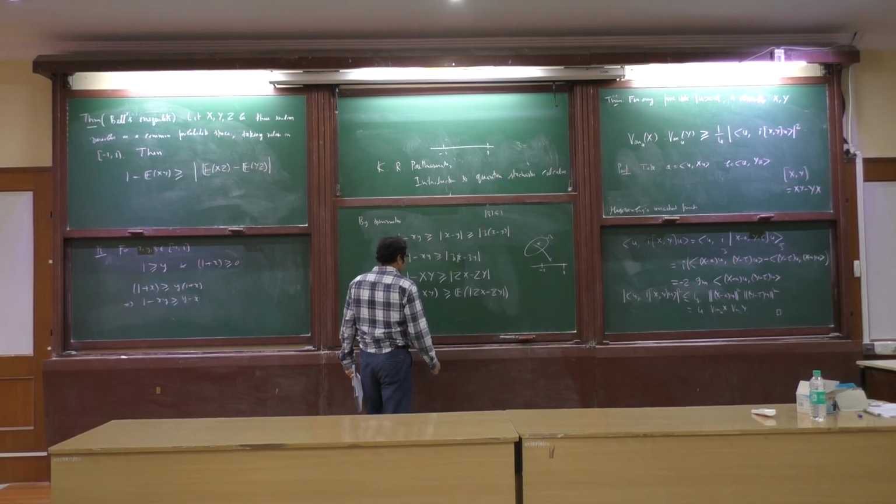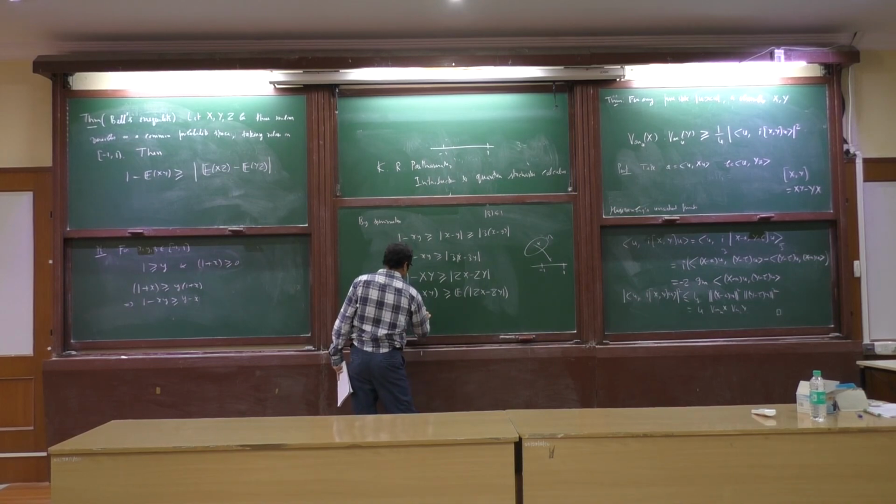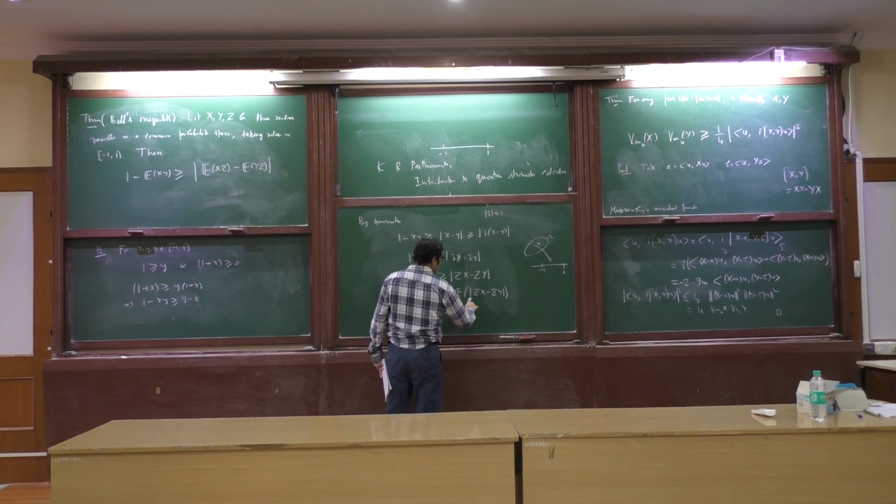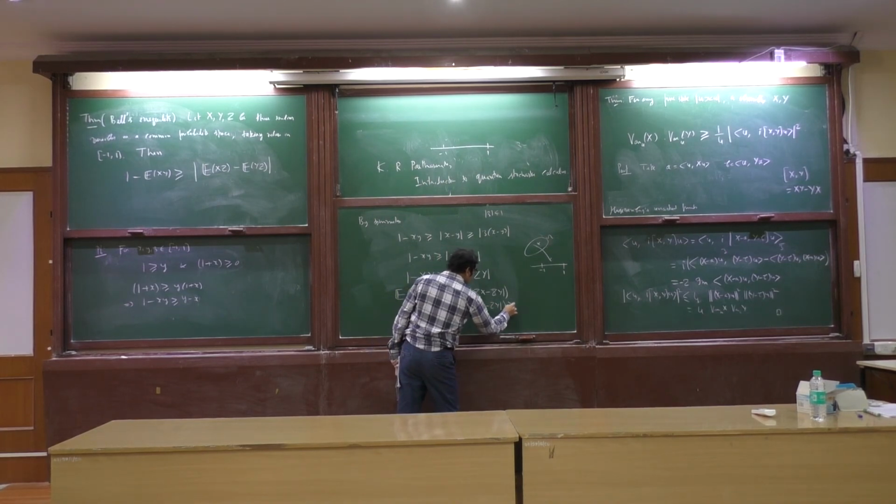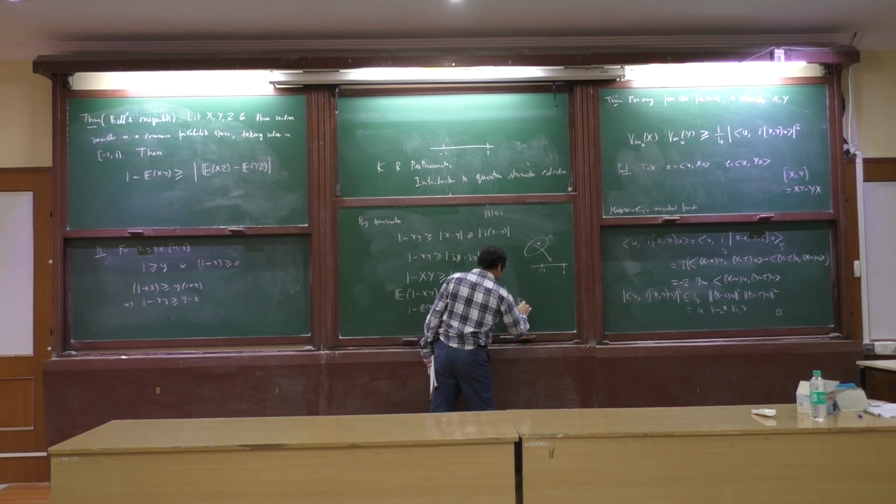But this is 1 minus expectation of xy, and this is greater than or equal to expectation of the modulus of this. Let me write it once: expectation of this modulus.